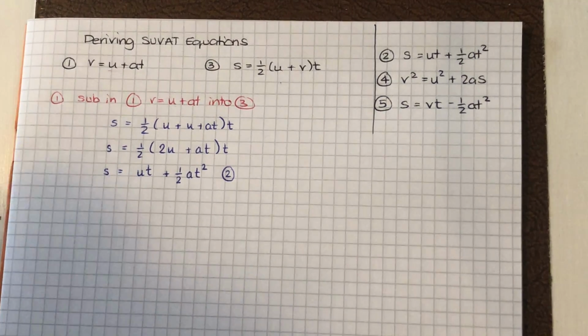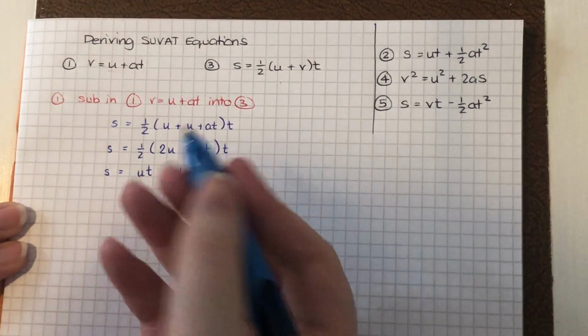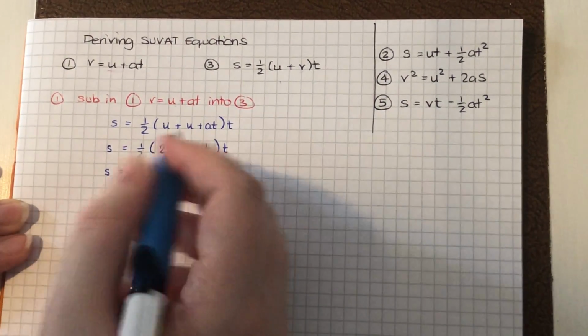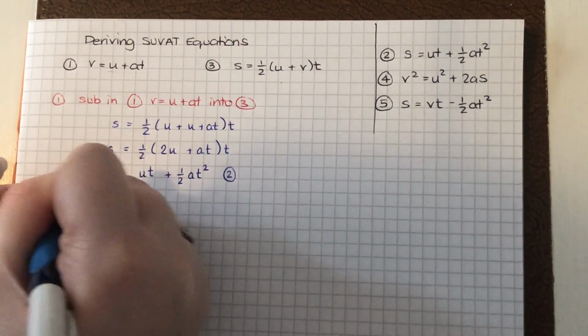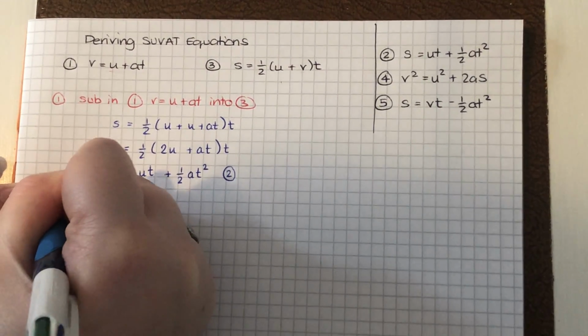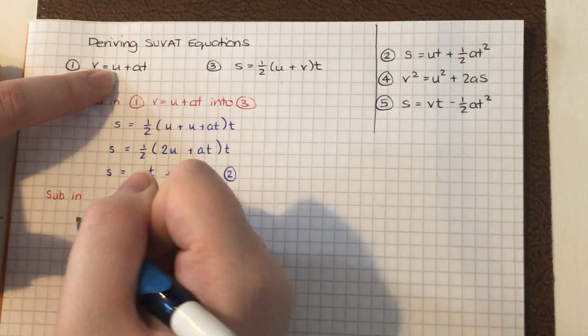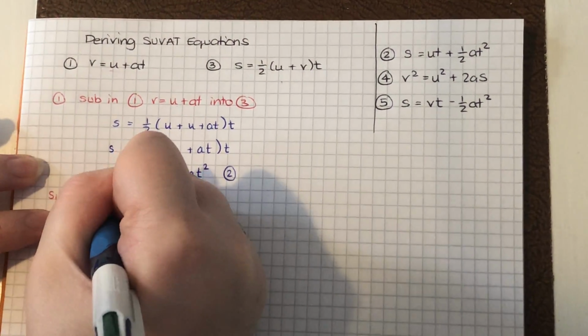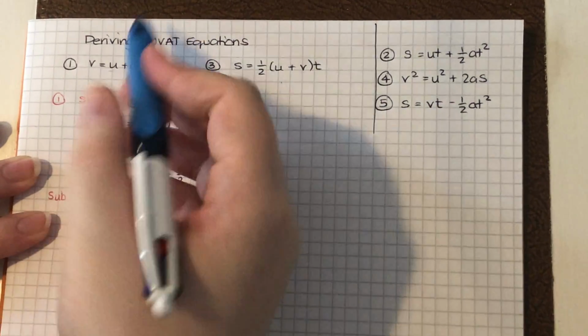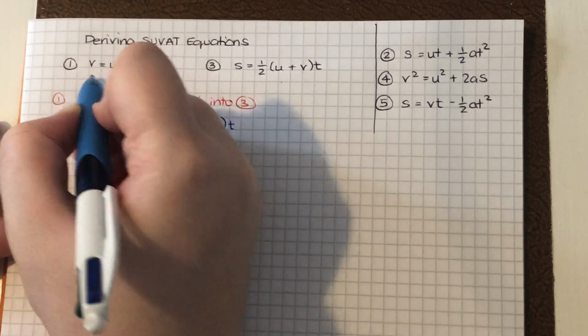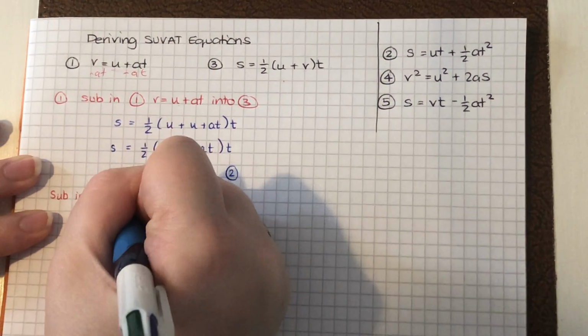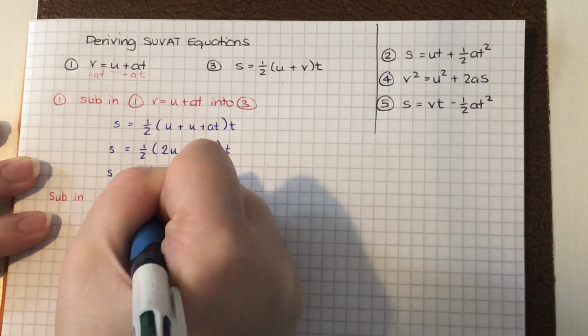Okay, now to get number 5, we can do that very quickly, straight from using this equation. So I am going to rearrange it so it's u equals. To do that, I would take away at from both sides, so u is actually equal to v minus at.